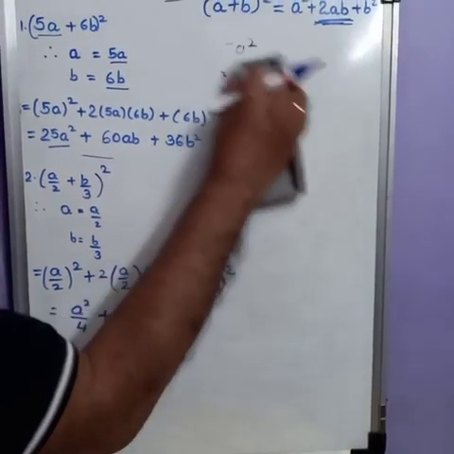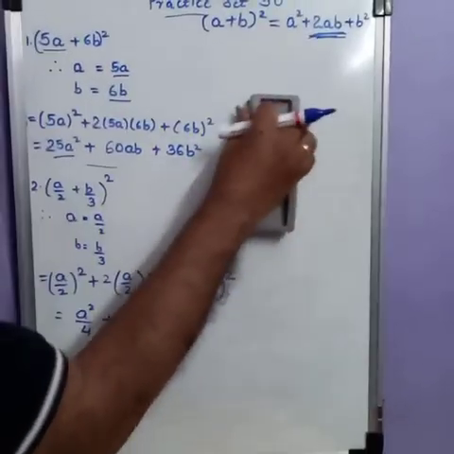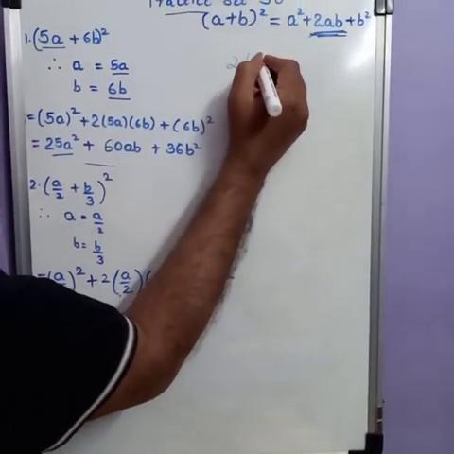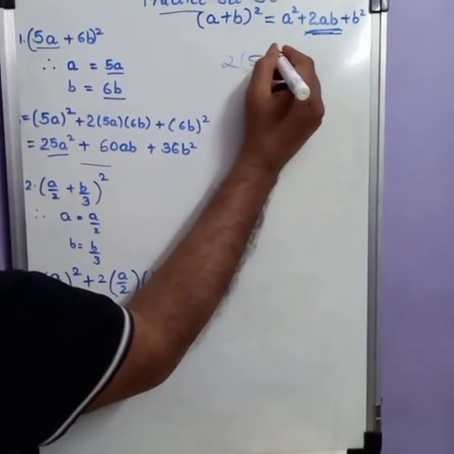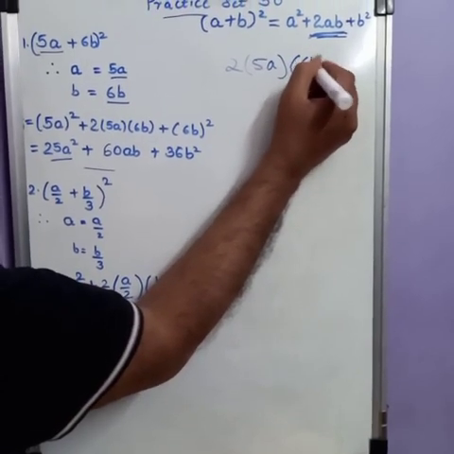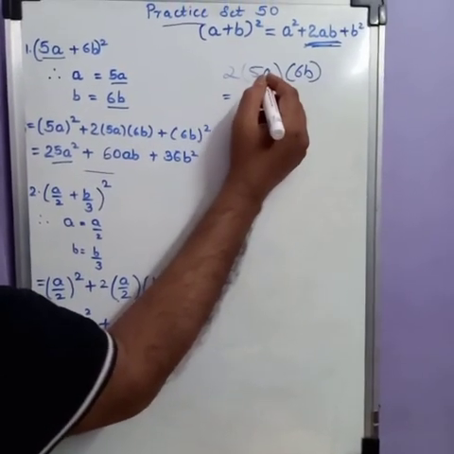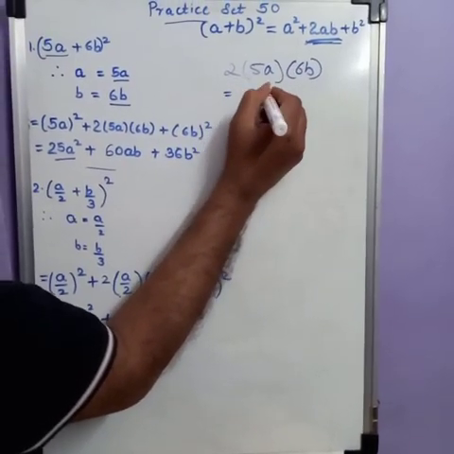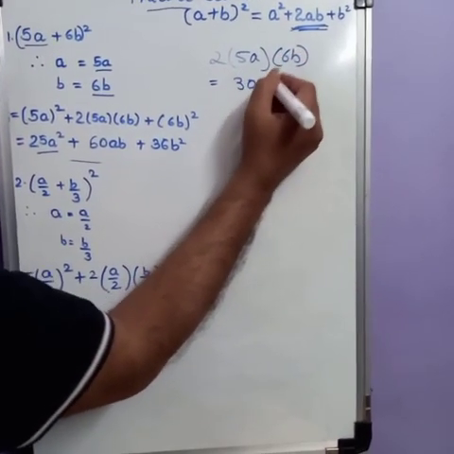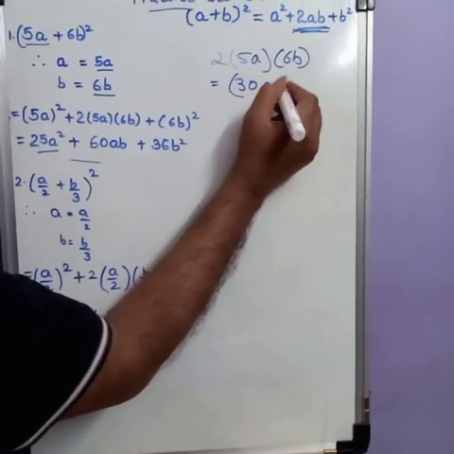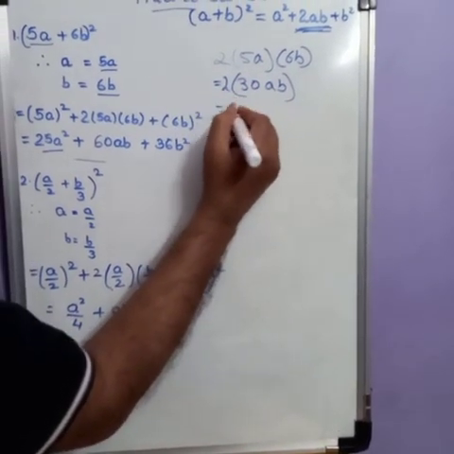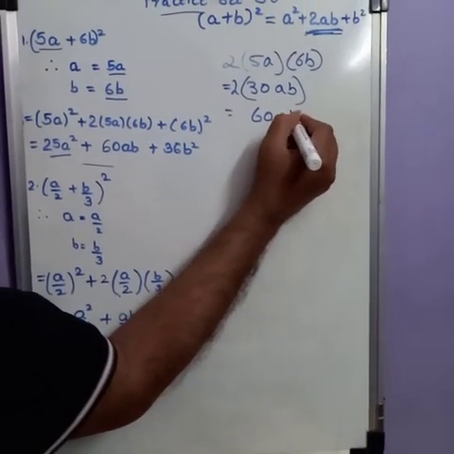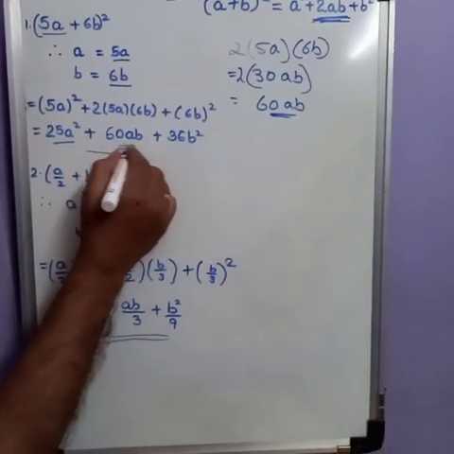What's the next one? That is 2, 5a and 6b. So 5a into 6b, 5 into 6, that comes to 30, a into b, that's ab, and 2. So again 2 into 30, that is 60, and ab, 60ab, which we get here.